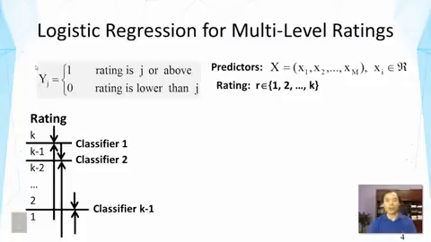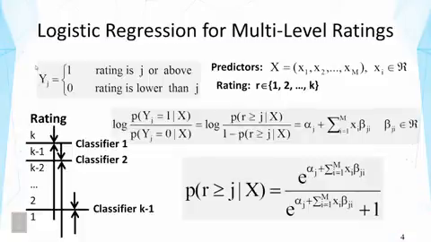So altogether, we'll have k minus 1 classifiers. Now, if we do that, of course, then we can also solve this problem.